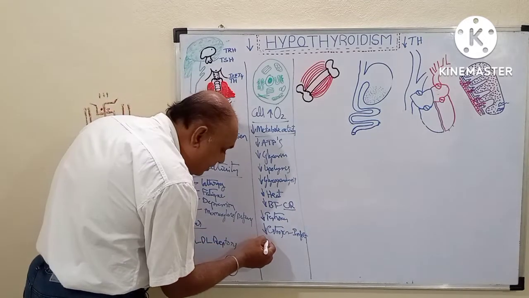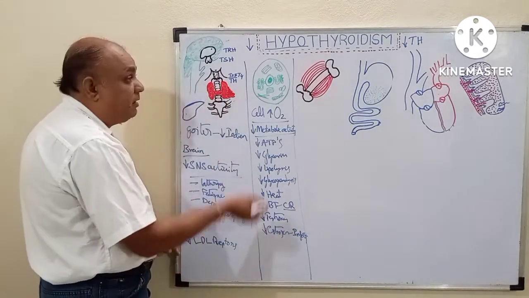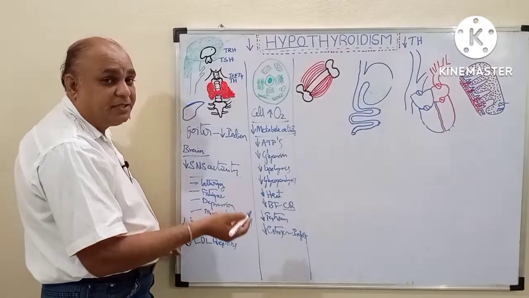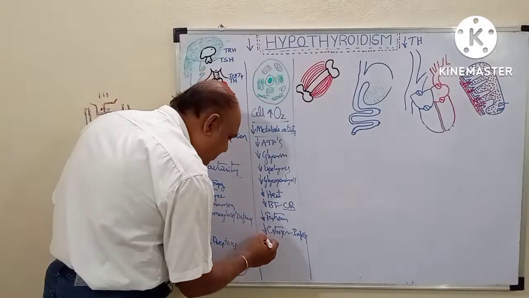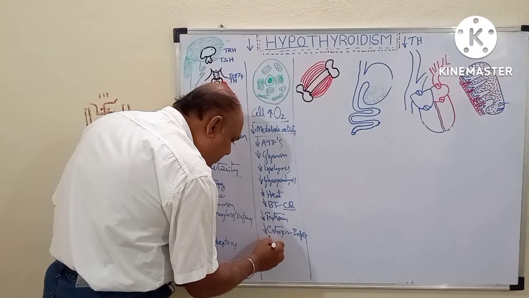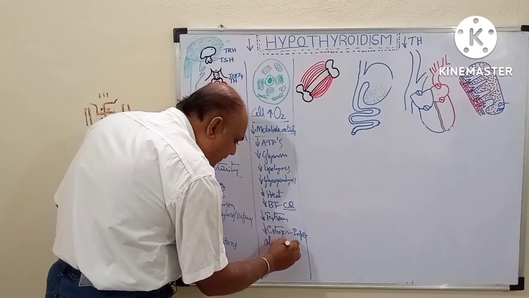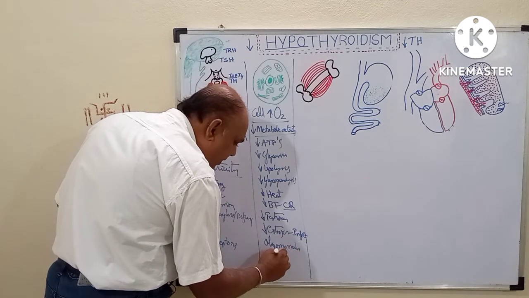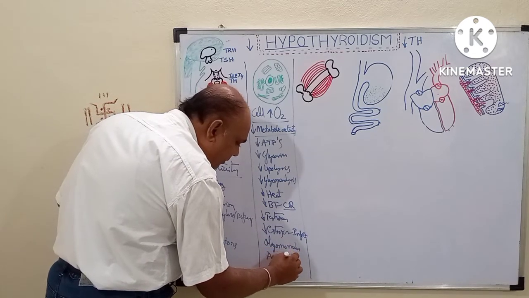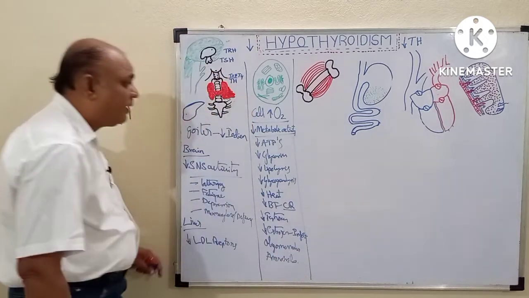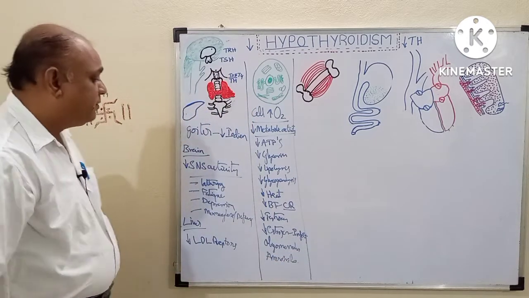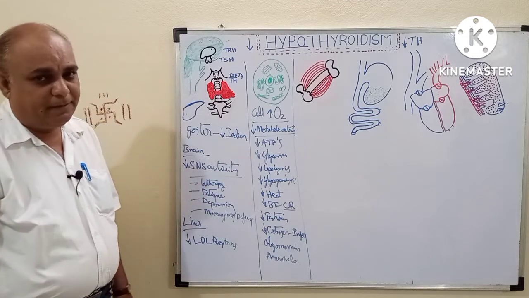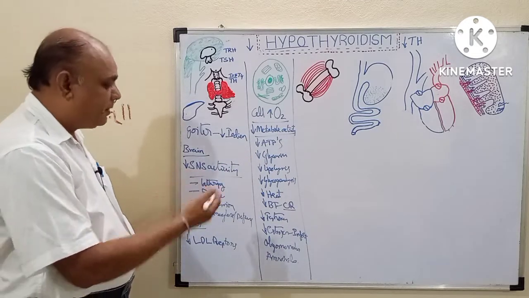Even low thyroid hormone levels will also make changes in the menstrual cycle, which can lead to oligomenorrhea and amenorrhea. These are a few signs, clinical features and symptoms of cell metabolic activity and the reproductive system.